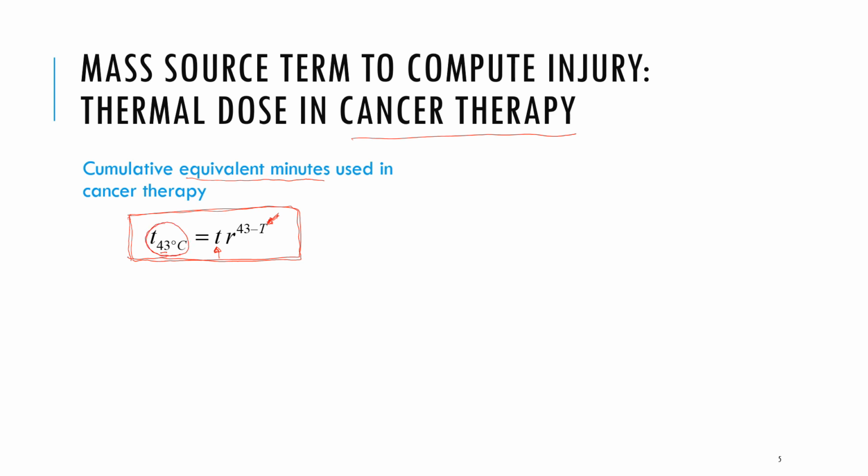T43 is a symbol, T43 minutes at 43. So again, if you heat something at temperature T for t minutes, this equation says that is equivalent to heating at 43 degrees for T43 minutes.